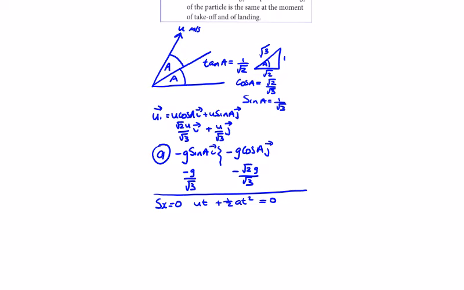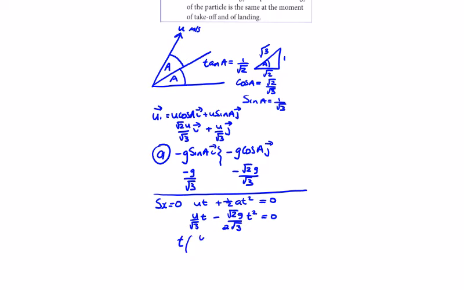So u over root 3 times t minus the acceleration in the j direction, root 2 g over root 3, and we have a 2 for the half, so it's going to be root 2 g over 2 root 3 times t squared equals 0.